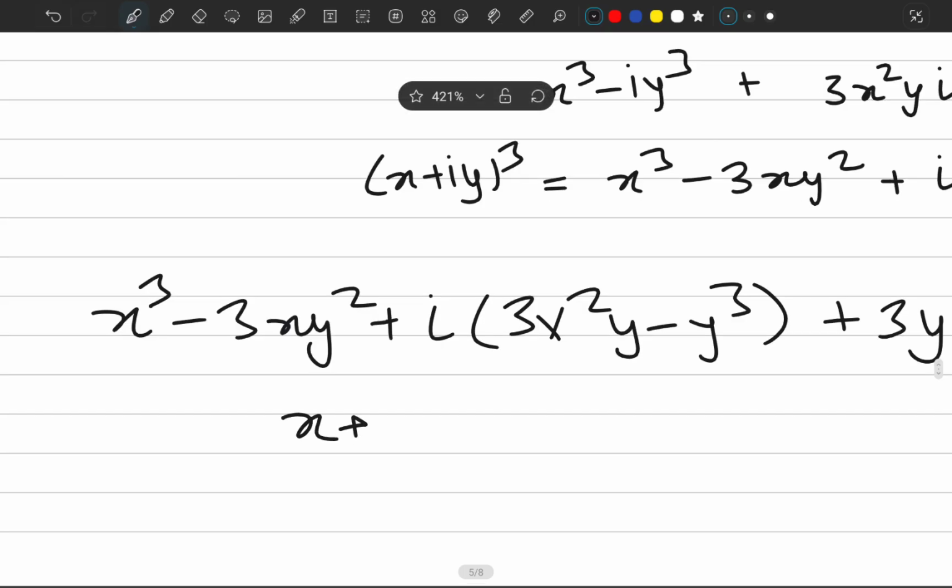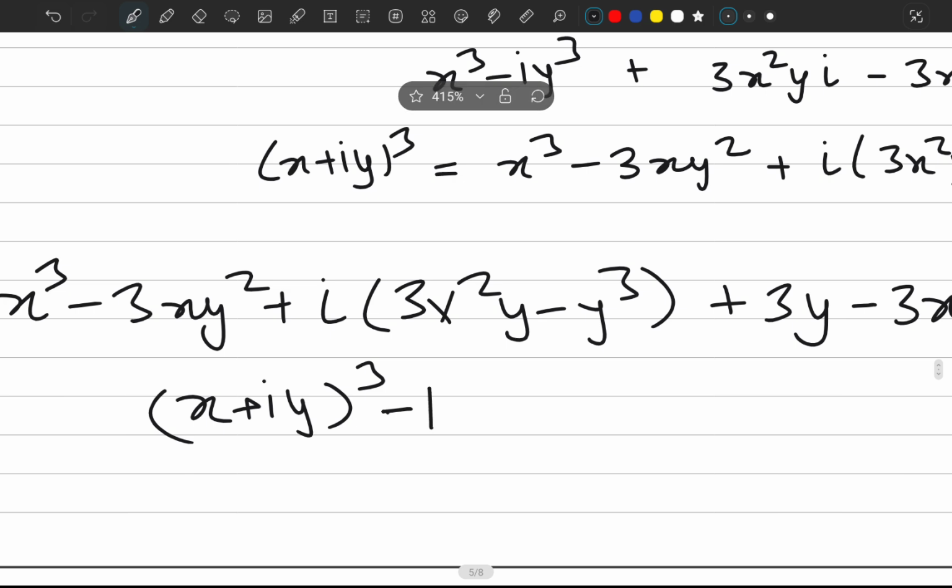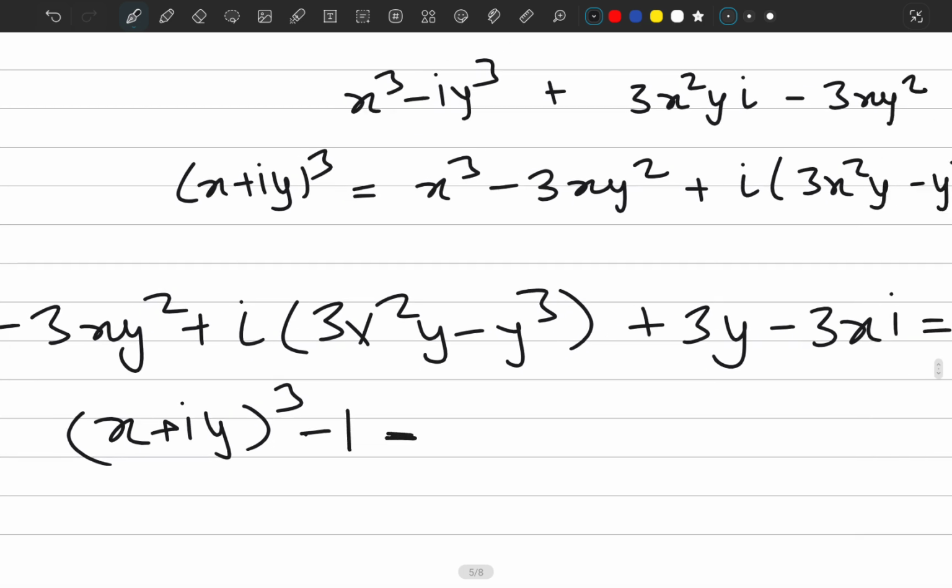This gives us x plus y iota, y plus minus 1 minus iota. We have to take common 3. This will give us 3 times x minus x plus iota y.